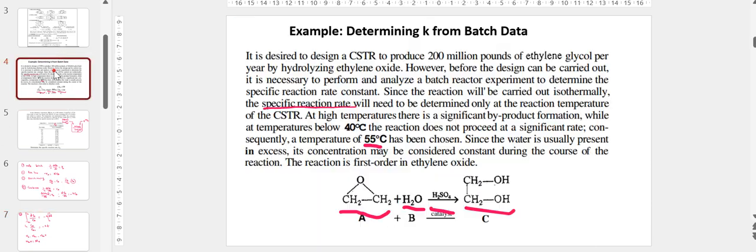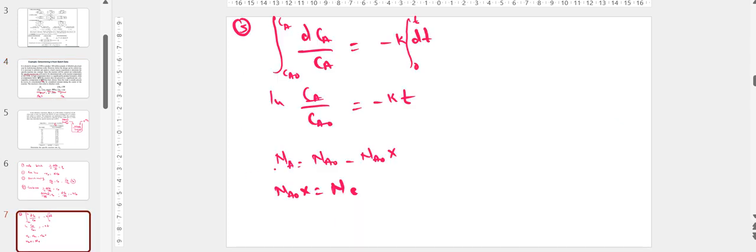What that means is that when A reacts, Na naught x is going to form Nc. Since they are in the ratio 1 to 1, the moles of A that react will be the moles of C that are formed. So Na is equal to Na naught minus Nc. If you divide through by volume, Ca is equal to Ca naught minus Cc.